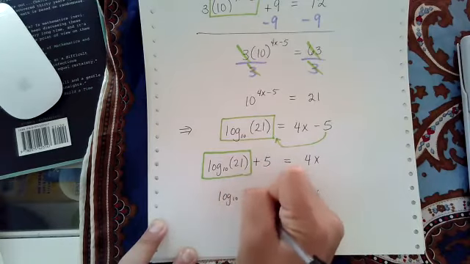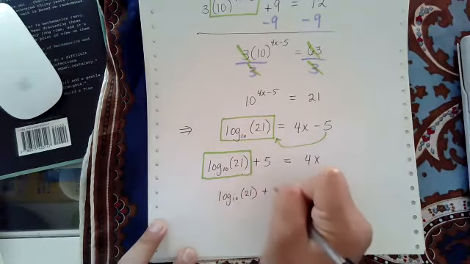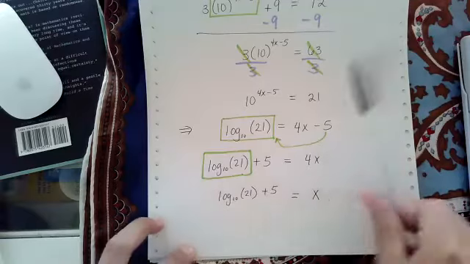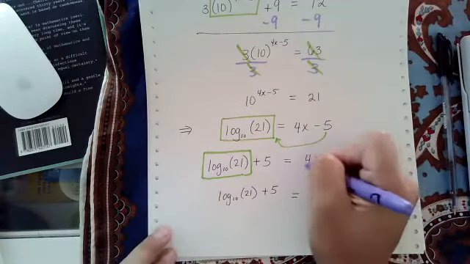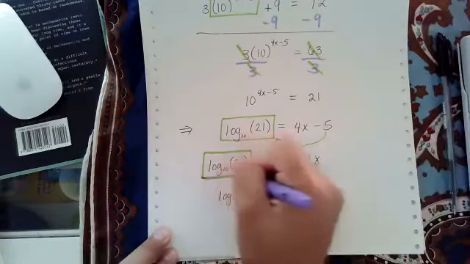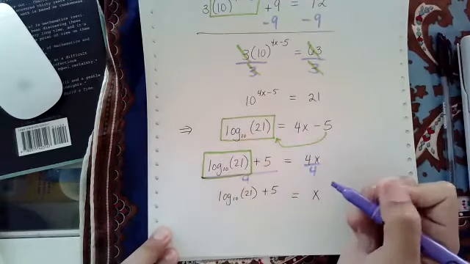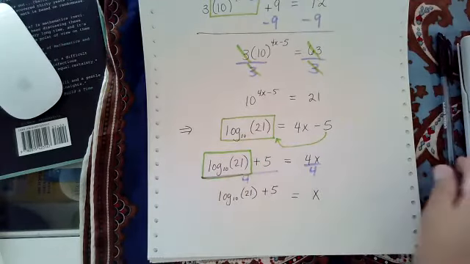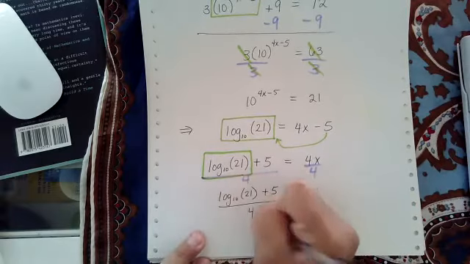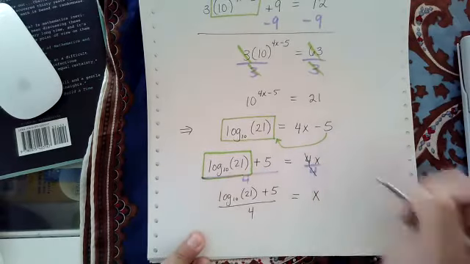Again, I'm not going to explicitly put this into the calculator. I'm just going to leave it like this. I would have to divide the 4 on both sides of my equation. So I can just write divided by 4 over here since these 4's cancel out.